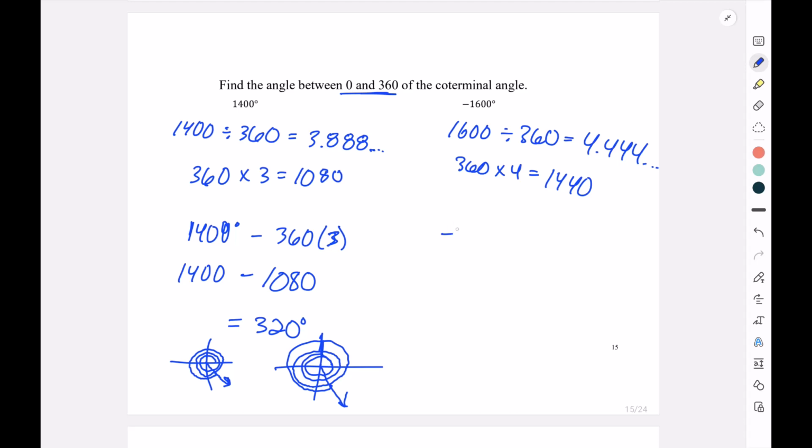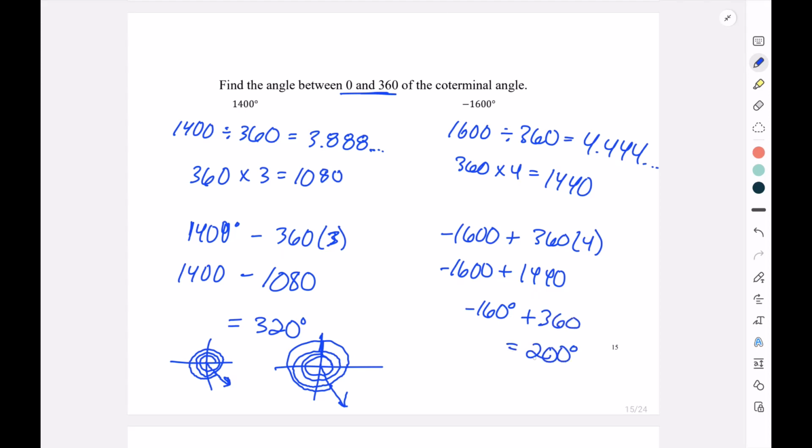And so when we take negative 1600 plus 360 times 4, because that's how many times it was able to go into, we get negative 1600 plus 1440, and we will get negative 160 degrees. But we want it to be within 0 and 360, so we can add another 360 degrees, and we will find that it equals 200 degrees.